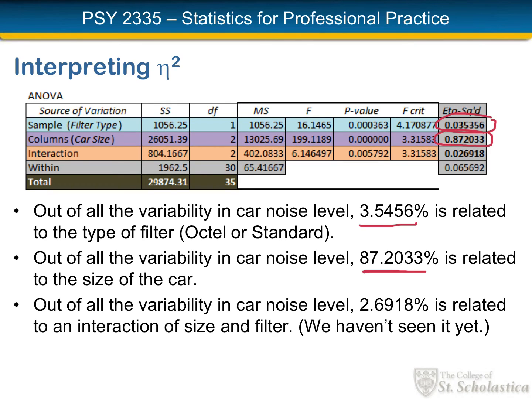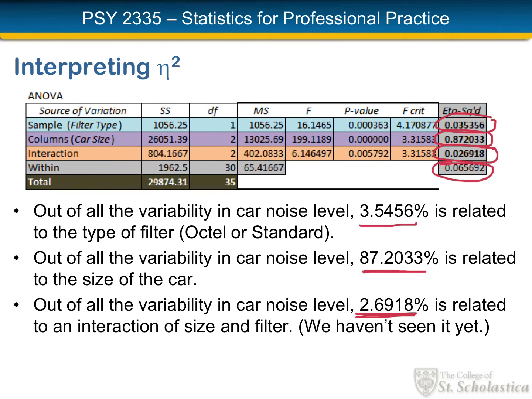And then if you remember, I did have a significant interaction effect, and that interaction effect that I don't yet fully understand, I haven't seen it, accounts for about 2.69% of the variability in noise level. And then the remaining variability is related to all the other random factors, different makes of cars, different particular cars, etc.